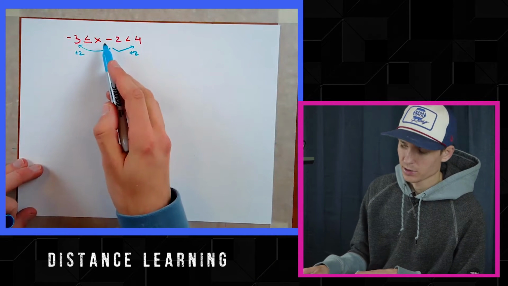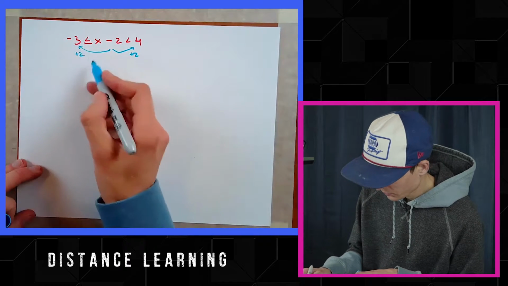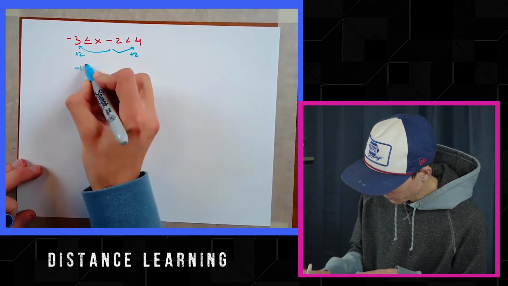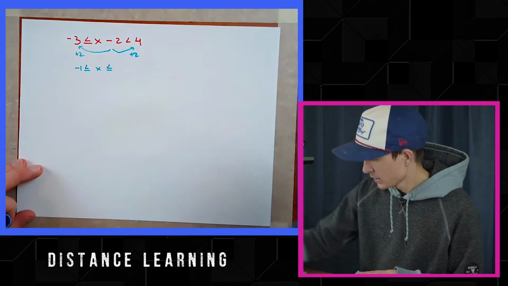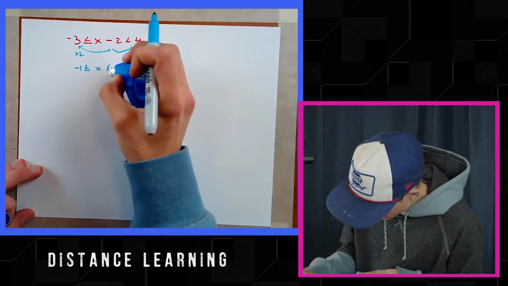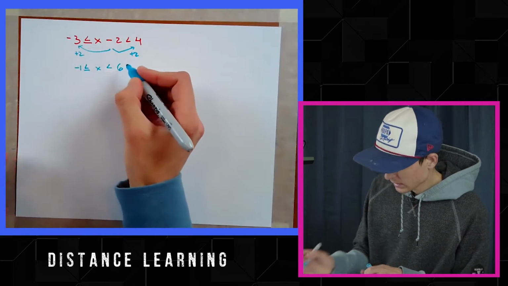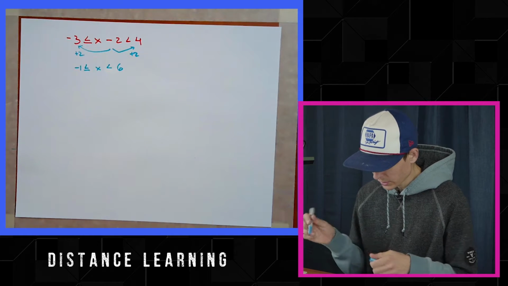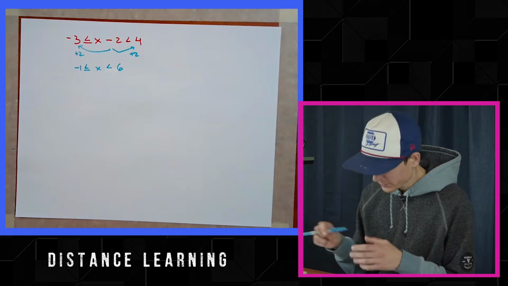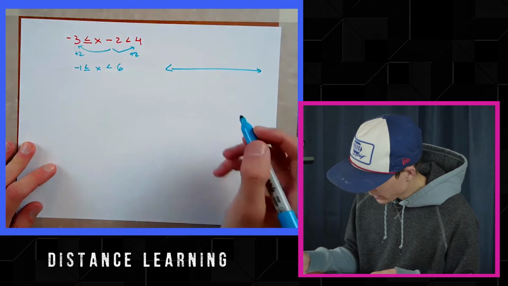Right now it says subtract 2, or minus 2, so I'm going to add it, but to both sides. So negative 3 plus 2 is negative 1, x, and that symbol is no longer there. And then 4 plus 2 is 6. Alright, cool. We have x all by itself, no negative, no coefficient in front.